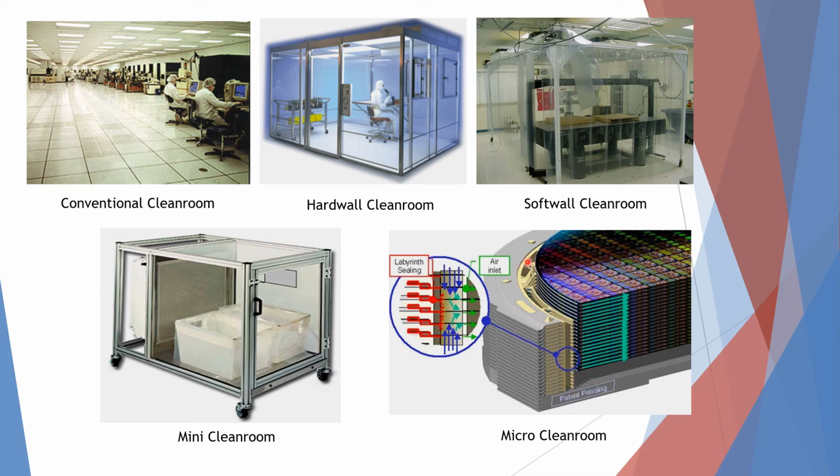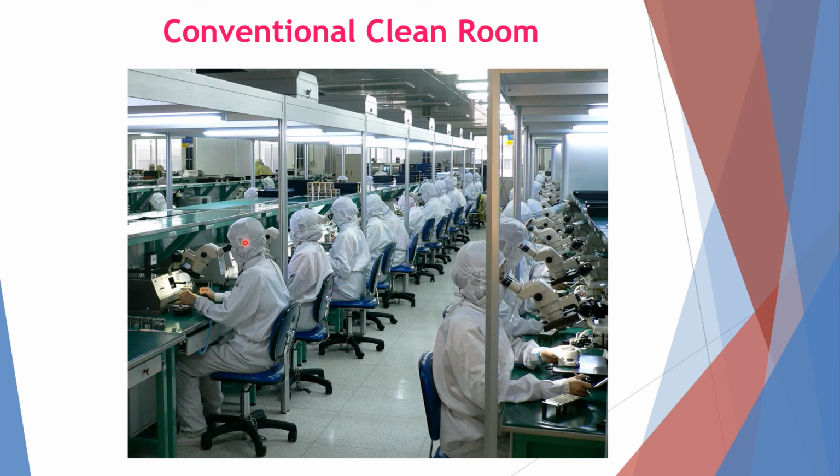Inside the product itself, for example our computer, a micro clean room is already created inside that computer, in order to prevent contaminants from going inside the particular chip or area where the parts are working. Okay, so now let us look one by one.